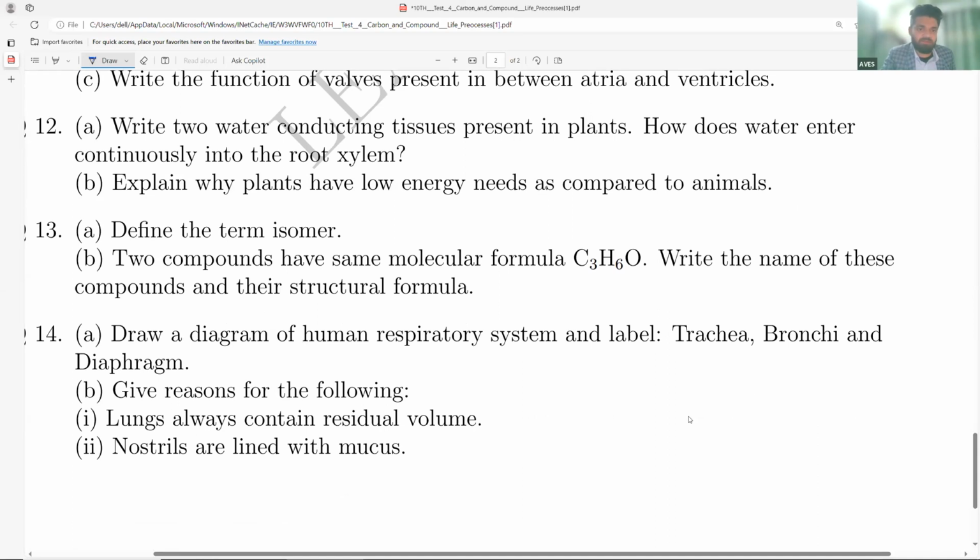Define isomers. You know what isomers are? Now, if it is asked that two compounds have the same molecular formula C3H6O, write the name of these compounds and their structural formula. So, which two compounds are going to have C3H6O as a condensed formula?